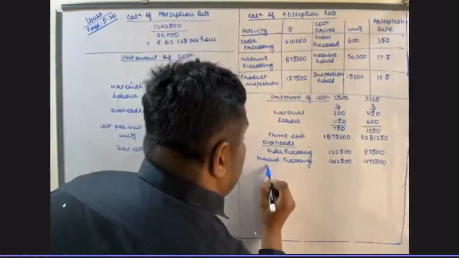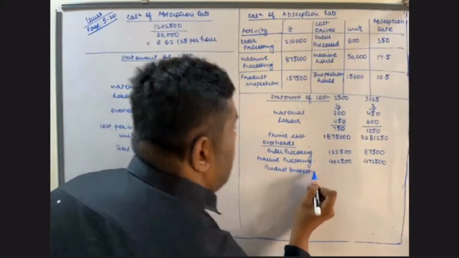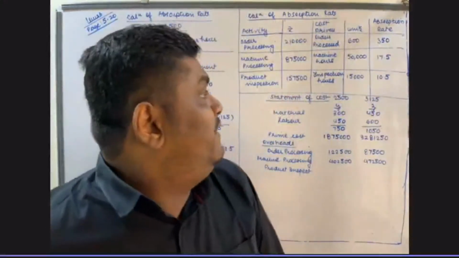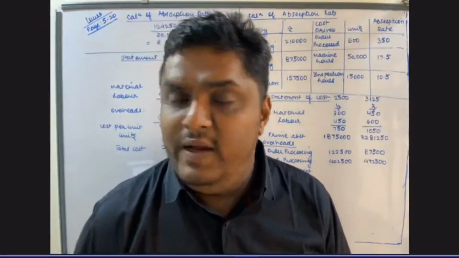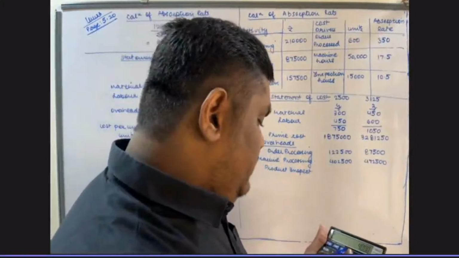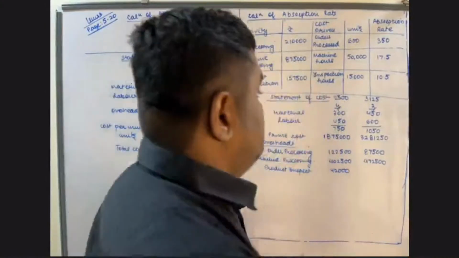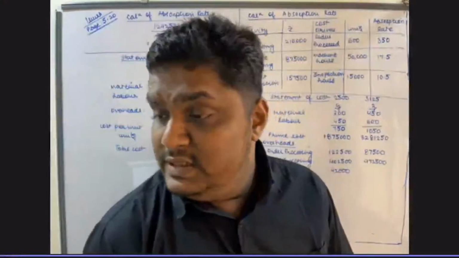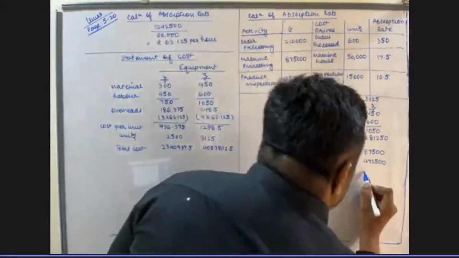Now product inspection. It is 10.5 for every inspection hour, and for product Y it is 4,000 hours. So 4,000 into 10.5, this will be 42,000. And for Z it is 11,000 hours, so into 11,000, this will be 1,15,500.